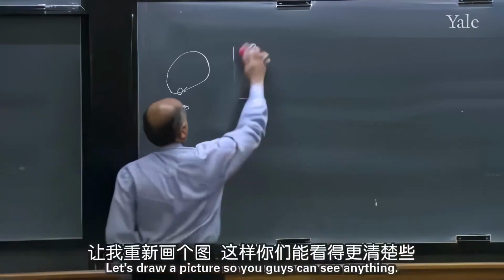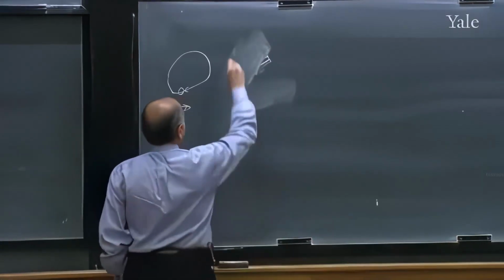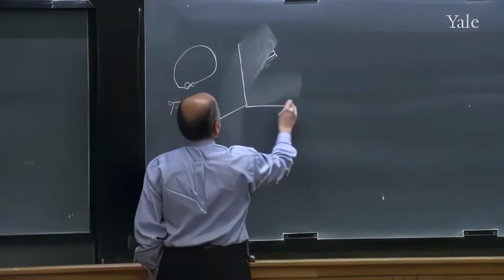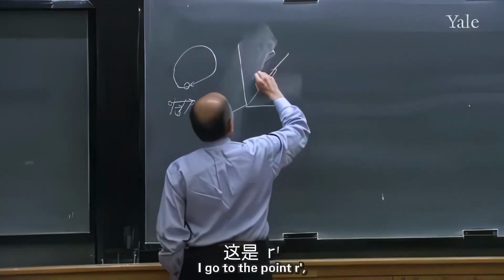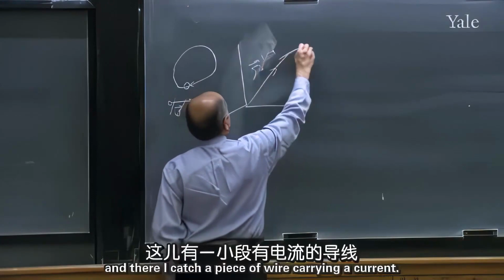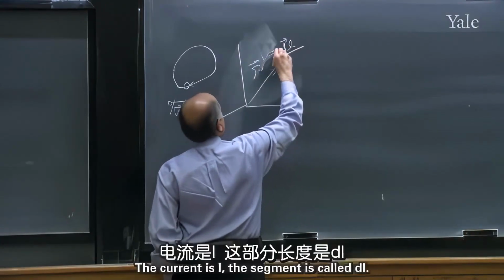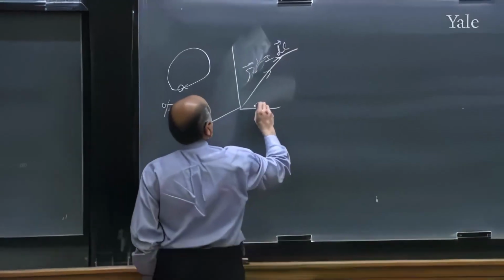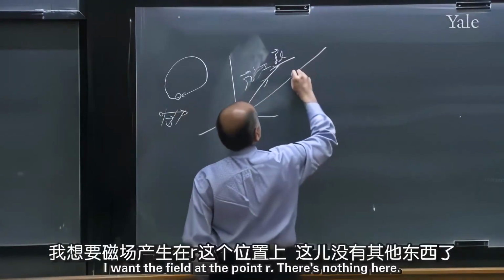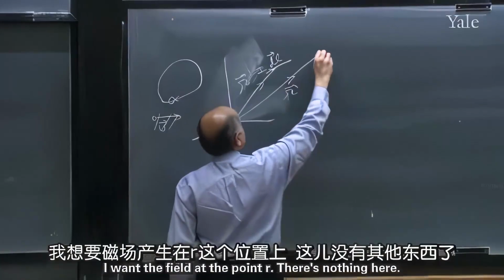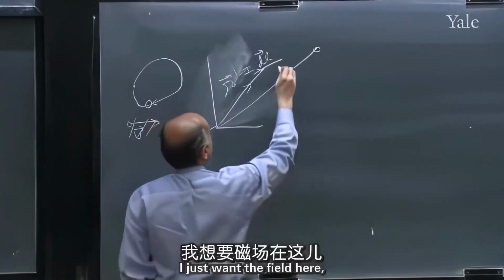So let's draw a picture so you guys can see everything. I go to the point r prime, and there I catch a piece of wire carrying a current. The current is I, the segment is called dl. I want the field at the point r. There's nothing here, I just want the field here.